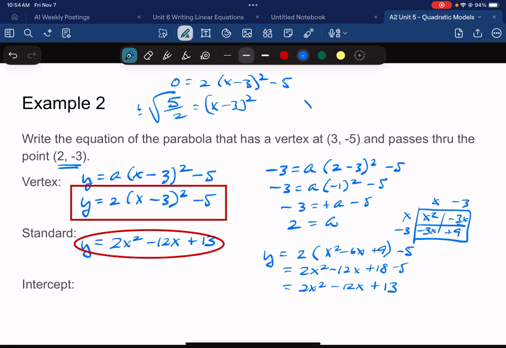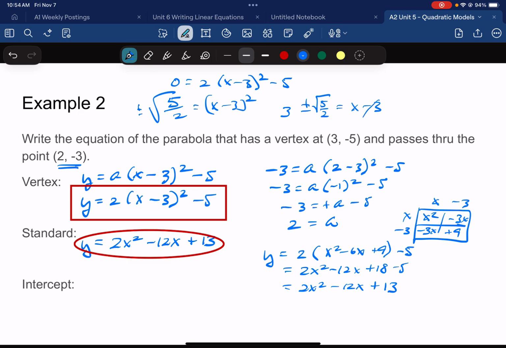Yeah, I take the square root of both sides. Oh, okay, yeah, I lost my place there. So I have plus or minus root 5 halves equal x minus 3, and then I just add 3 to the other side.